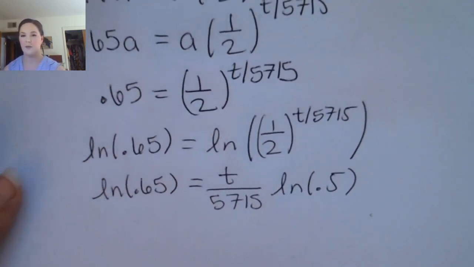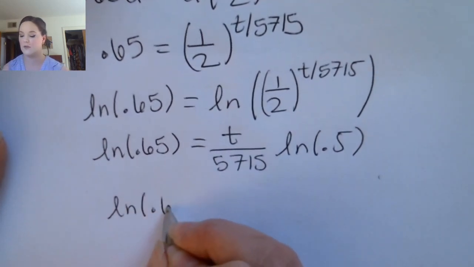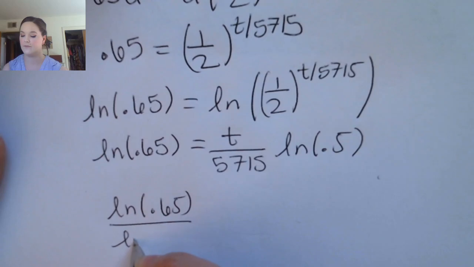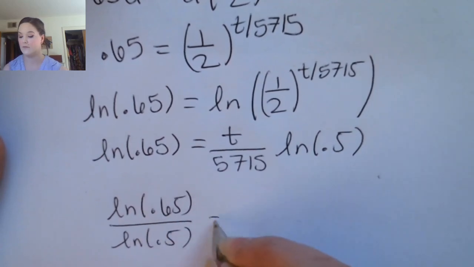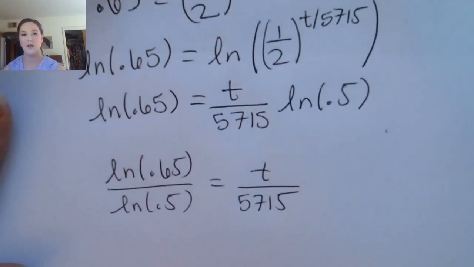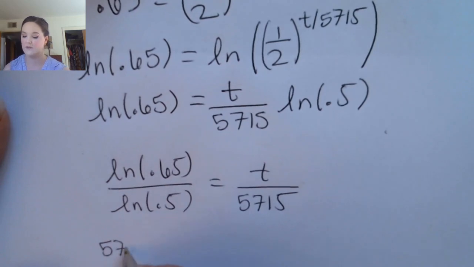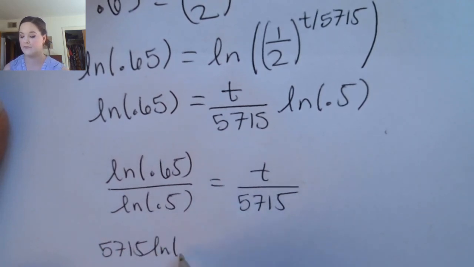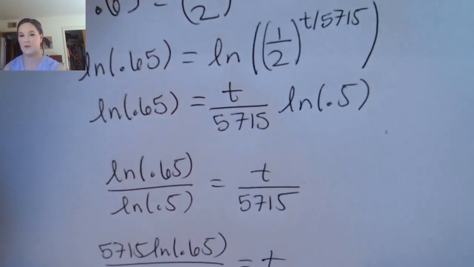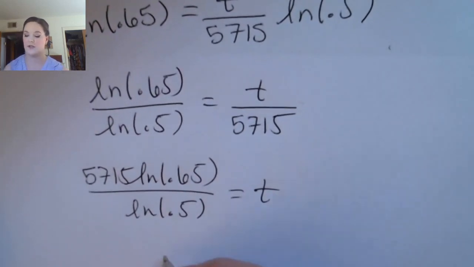Now I'm going to divide both sides by natural log of 0.5, and then multiply both sides by 5,715. So there's our exact answer.